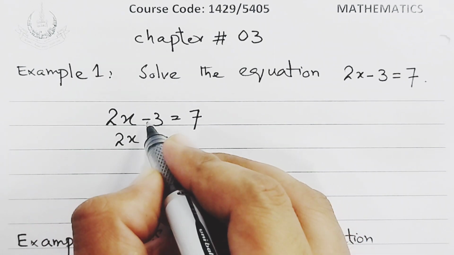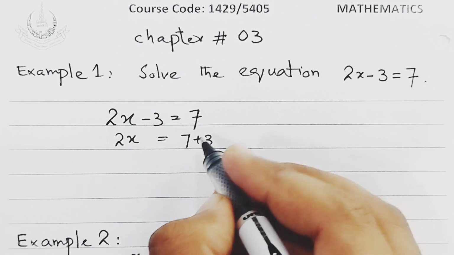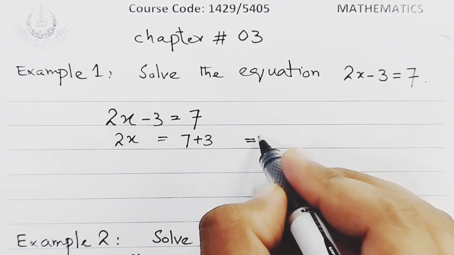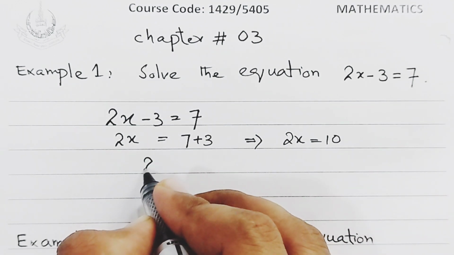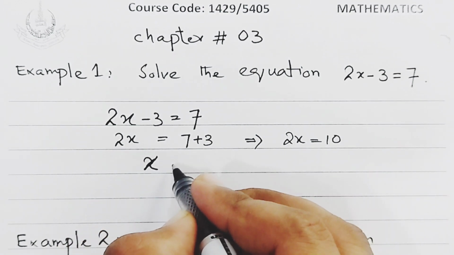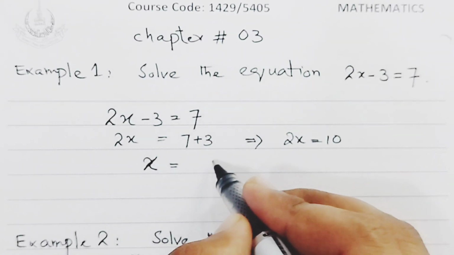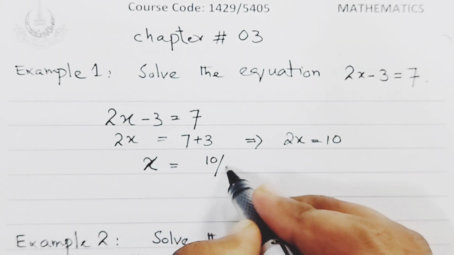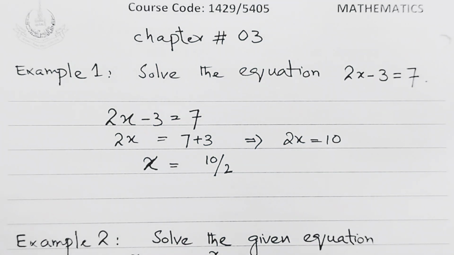2x, this 3 is negative here. When it goes to the opposite side, it will become positive. This means 2x is equal to 10. Now you know, anything which is multiplying on one side will be a division on the other side.